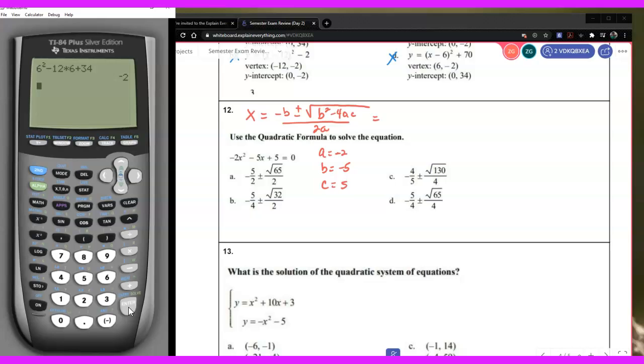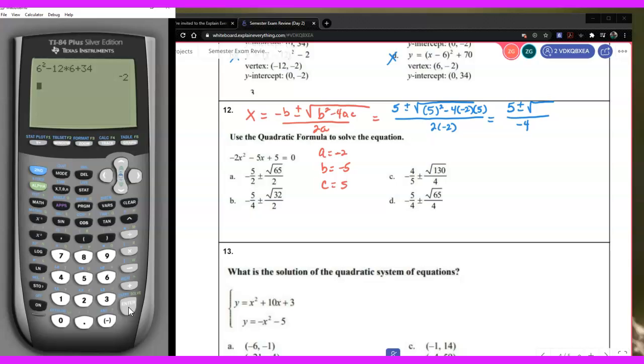So you have 5 plus or minus the square root of 5 squared minus 4 times a, which is negative 2, times c, which is 5, divided by 2 times negative 2. So I'm going to go ahead and clean this up. So I have 5 plus or minus the square root, divided by 2 times negative 2, which is negative 4.